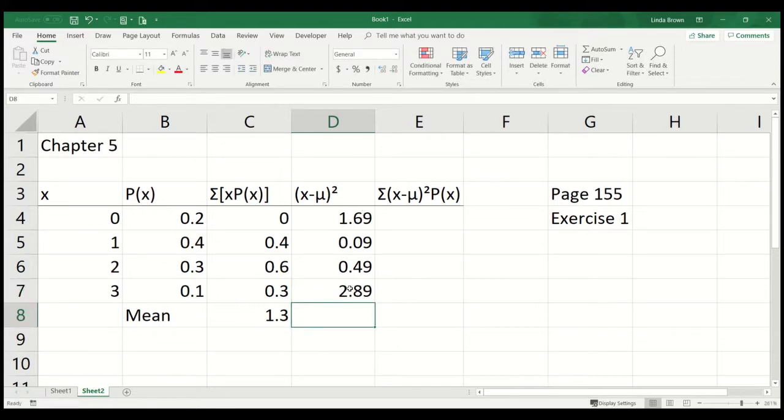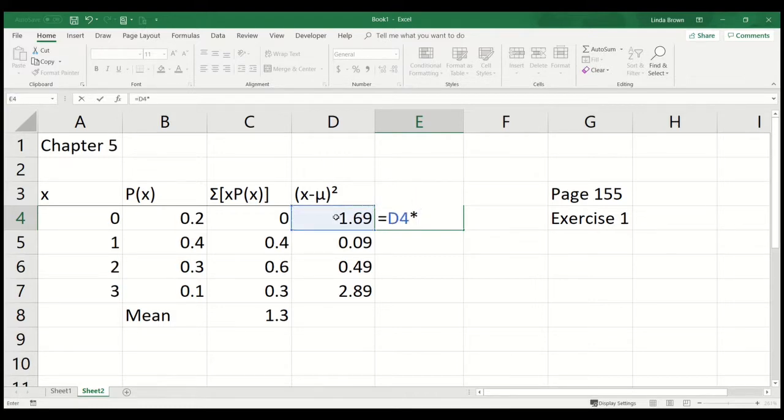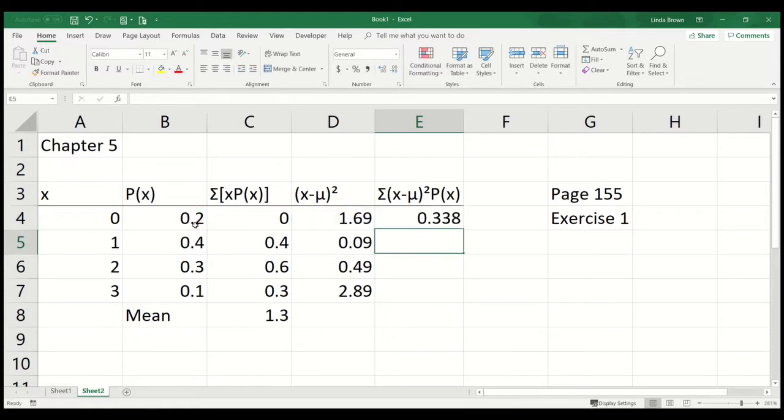So once we have these values in place, then we have everything we need to fill out this last equation. We have this first half and this second half. So we simply take these values which we've found and we multiply them each by their respective probability value in column B. Excel makes it really quick and easy to do. We can certainly click, press the multiplication, click enter and it does it for us.